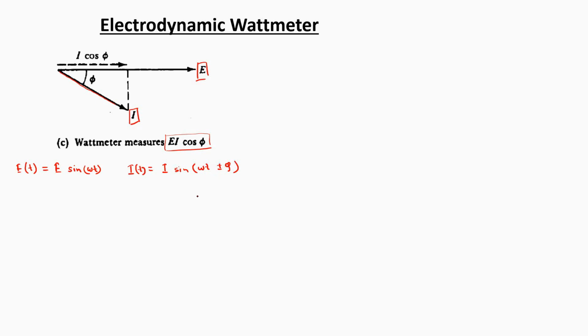Now, following the expression of theta written in the previous slide, which was k1 into 1 by T integration 0 to T e(t) multiplied by i(t) dt, we can put in these sinusoidal expressions of the voltage and current. So what we would have is E sin(omega t) into I sin(omega t plus or minus phi).